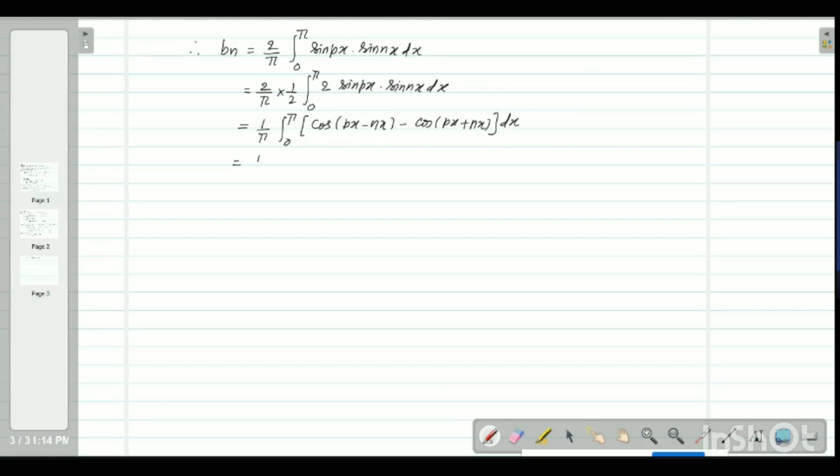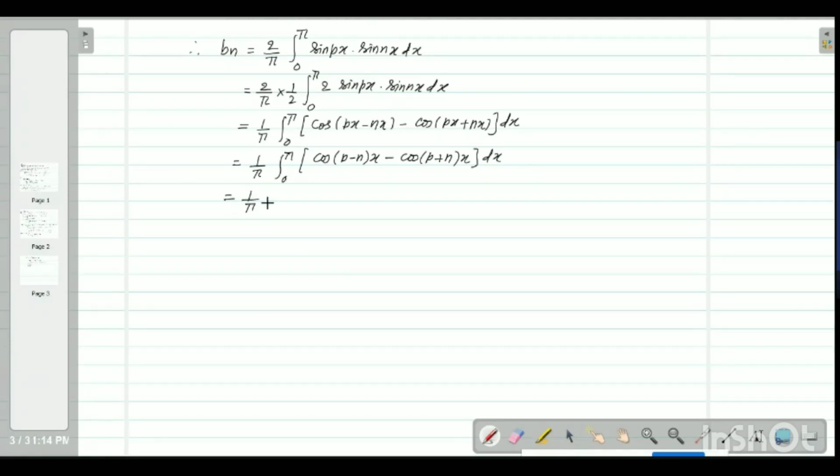So this equals 1 upon pi integration of limit 0 to pi. Just simplify this: cos of p minus n x minus cos of p plus n x, dx. Now just integrate this.